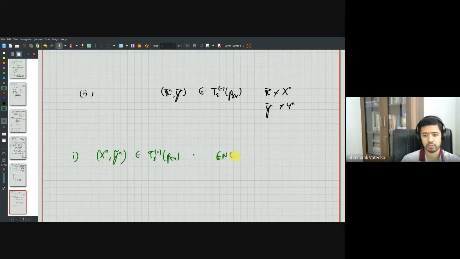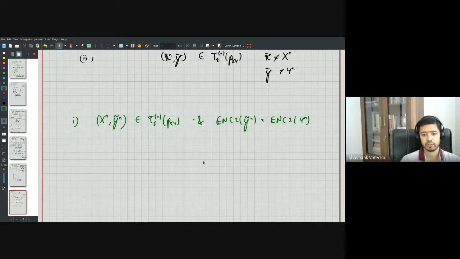So encoder 2 encodes yn tilde to the same code word as the true message yn. So we want to find out what is the probability of this happening.